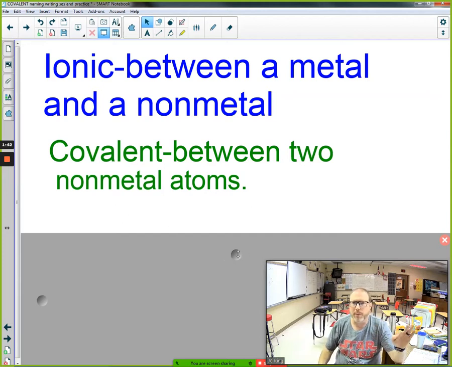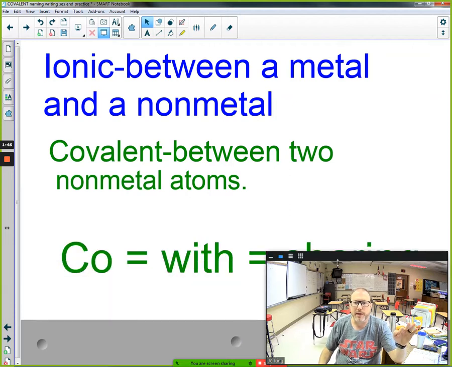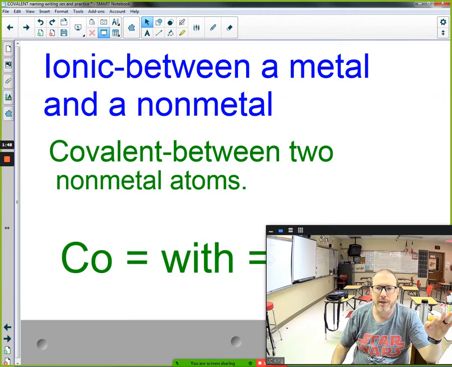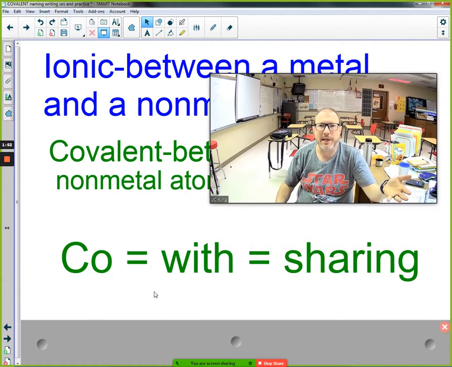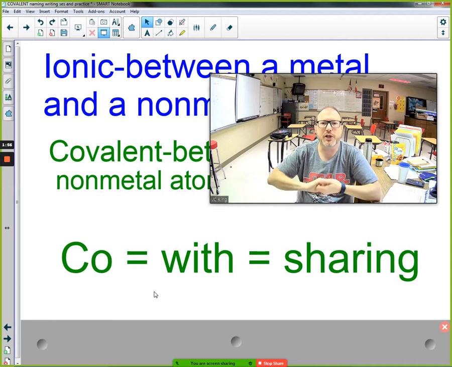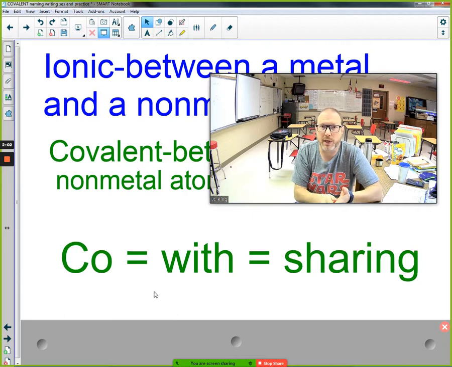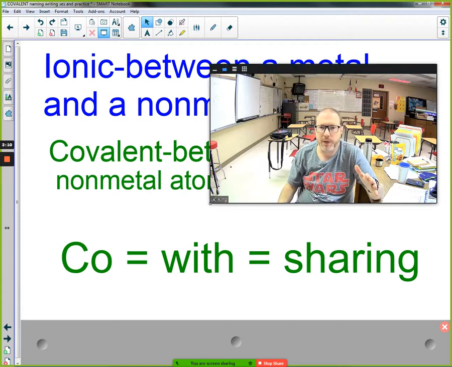And remember from when we've talked about it before, in a covalent bond, the prefix co means with, because what's happening is the valence electrons, covalent, two atoms are sharing those pairs of electrons with each other. When we did the stuff with VSEPR and the molecule shape lab, those were all covalently bonded substances.